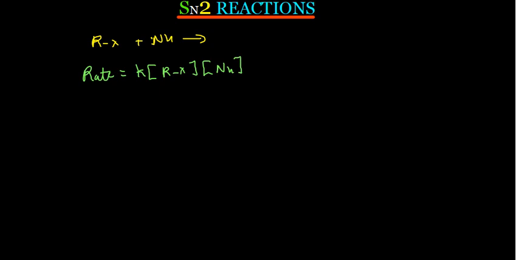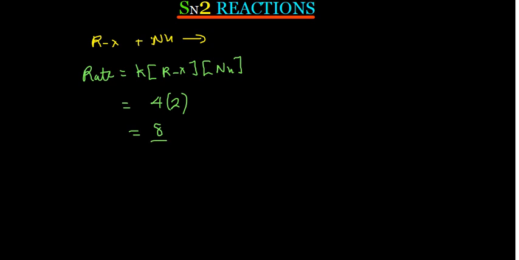So the rate of this reaction depends on the concentration of both reactants. When I quadruple the concentration of the alkyl halide and double the concentration of the nucleophile, the rate is going to increase by a factor of 8.